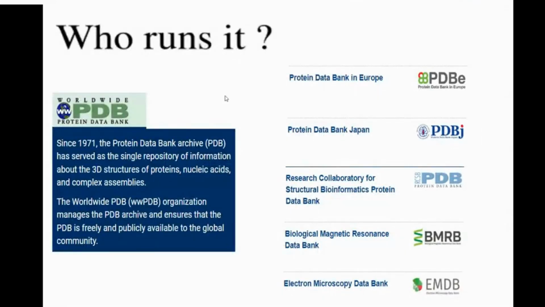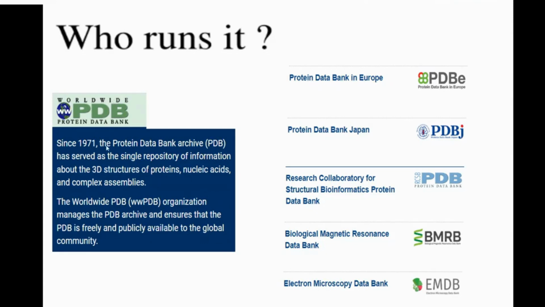Who runs wwPDB? The member organizations of wwPDB are PDB in Europe, PDB Japan, Research Collaboratory for Structural Bioinformatics Protein Data Bank, RCSB, Biological Magnetic Resonance Data Bank, BMRB, and Electron Microscopy Data Bank, EMDB. These all are the member organizations of wwPDB.